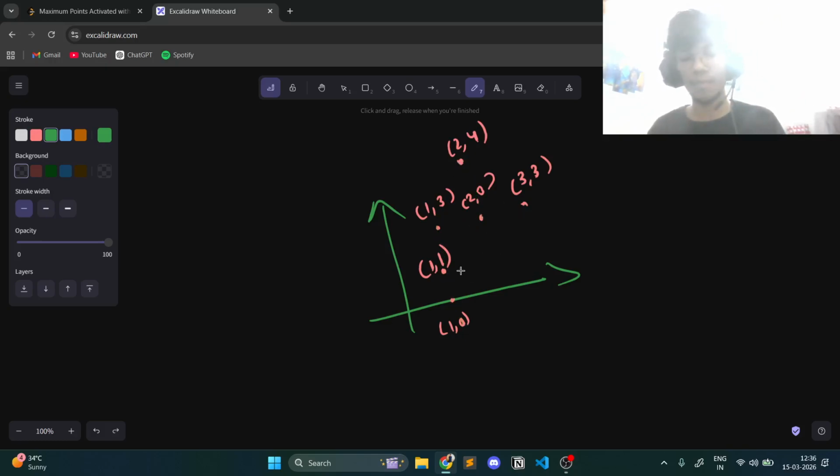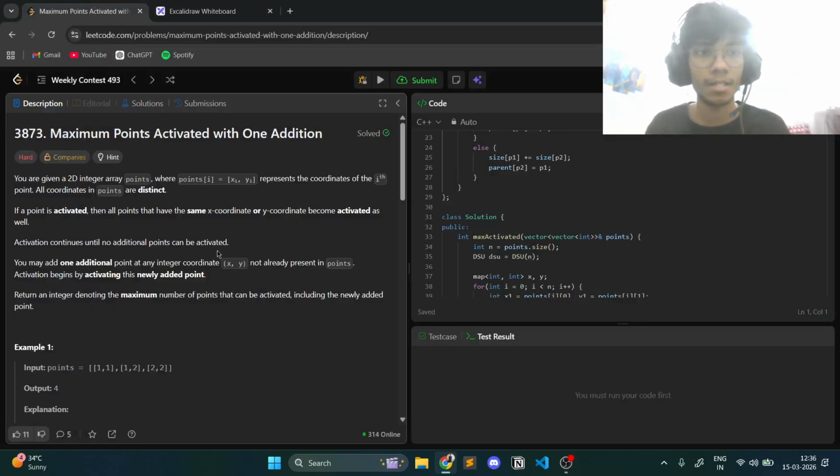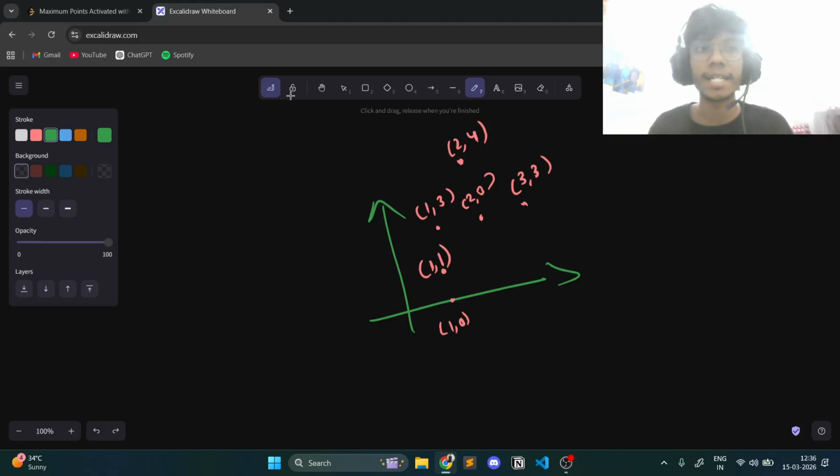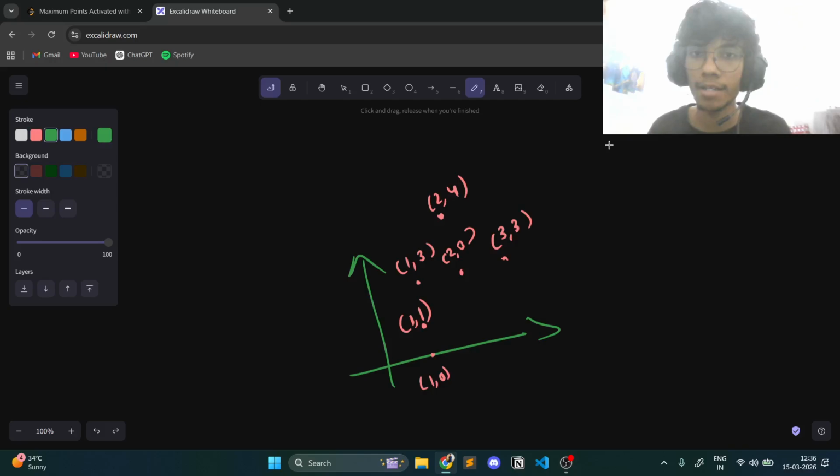So we just need to find, okay, so we can add one additional point at any integer coordinate, and we need to find the maximum number of points that can be activated. So let's say I had a point over here, this was 5 5. And all these points were connected with each other, right? And there was one other point, 5 5.